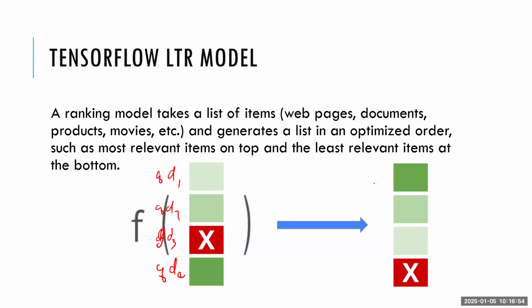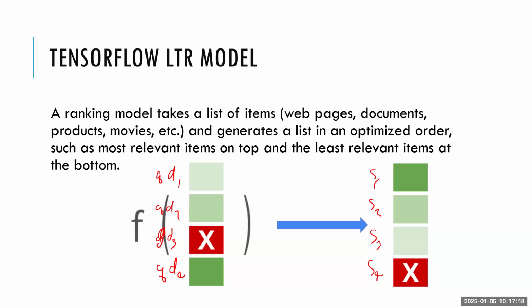And then it's going to give the scores S1, S2, S3, S4. And then you can sort the order. So what is that? It's going to take these four documents, it's only focused on these four documents, and it will try its best to rank these four documents among each other, right?